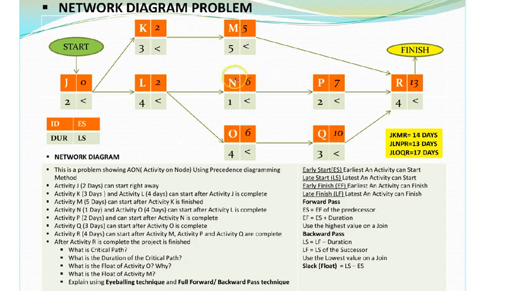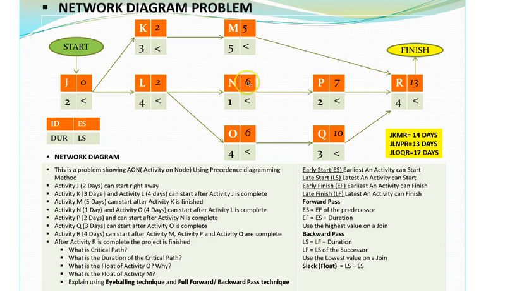Now let's go to N. Now N and O are dependent on activity L to be complete. So for activity L to complete, the duration of L is 4 and the early start is 2. So 4 plus 2 is 6. So N cannot start till 6 days.